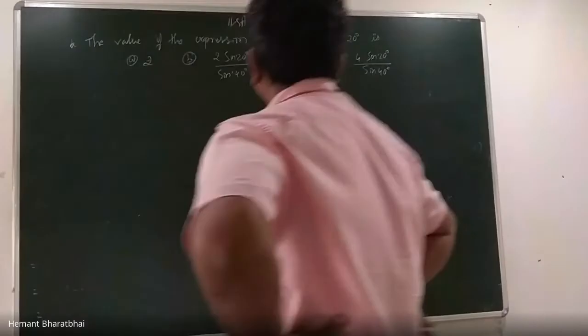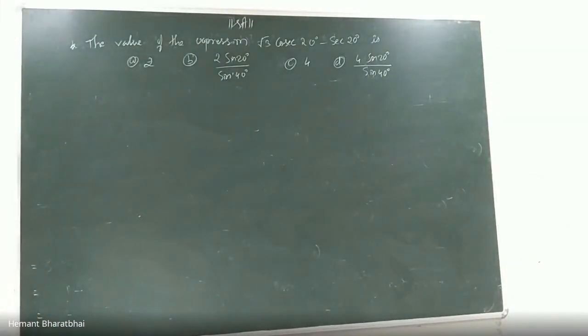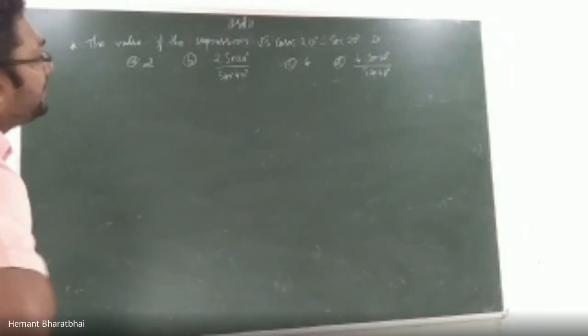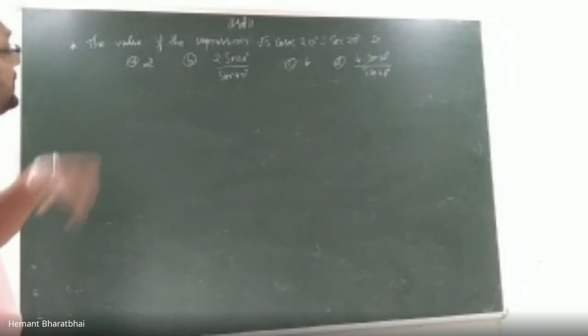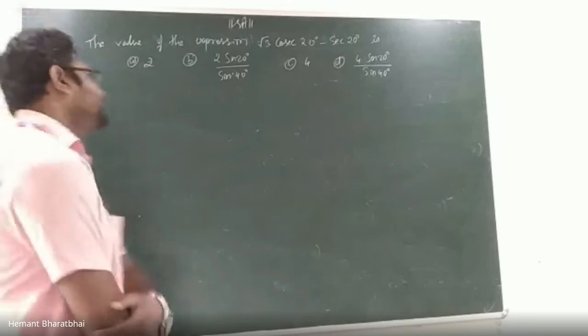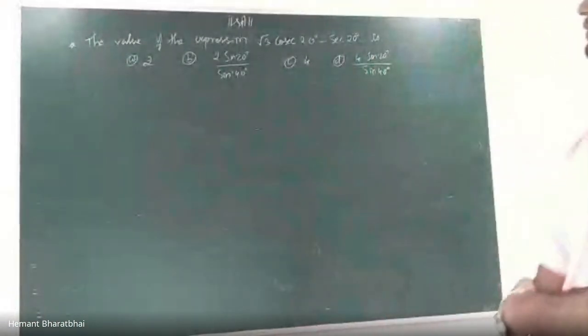So let's try this out. Either we are getting some concrete answer, that is 2 and 4, or we are getting everything in terms of sine. So you have to convert everything in terms of sine. So root 3 also should be written as something. In the context of sin theta and cos theta, we don't have this value root 3.